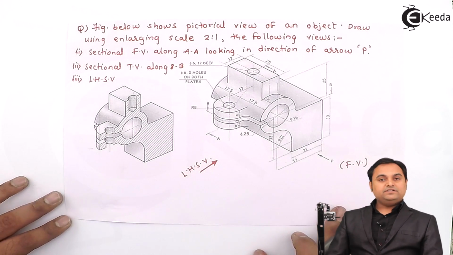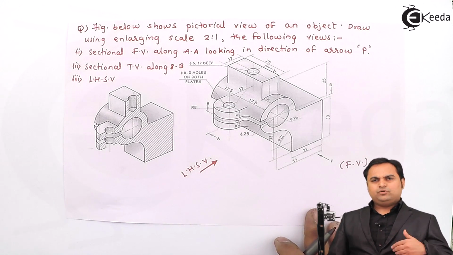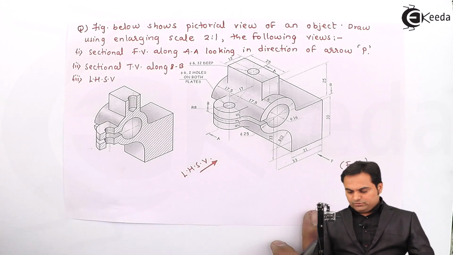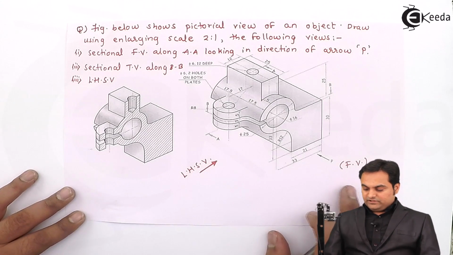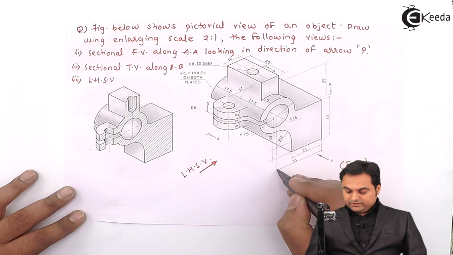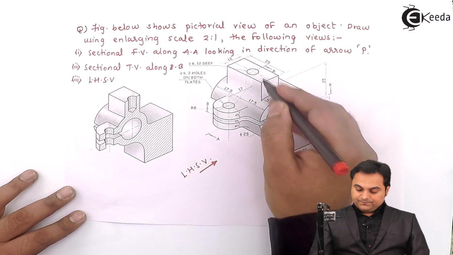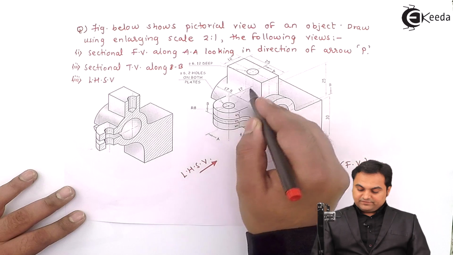Now, when we start this question, we should know how much is the total length, height and width, and that too we'll have to make it double. So first I'll calculate the total length. Length is seen in the front view, and if I see here from one end to the center, it is 33 mm, and next from this center up to the center here, it is 17.